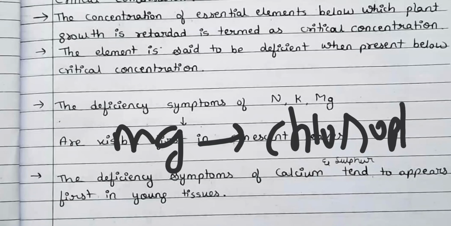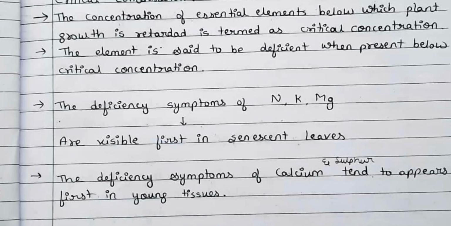What was it? Magnesium helps to form chlorophyll, or magnesium is present as a constituent of chlorophyll? Magnesium is present in the structure of chlorophyll.